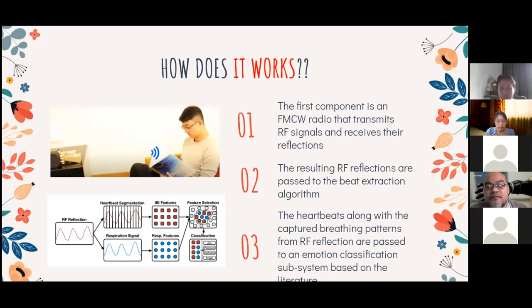But according to the definition of FMCW radio, as I mentioned before, it can separate different sources of motion in the environment, so I think they can analyze which signal is from whom. So that's my answer for now.